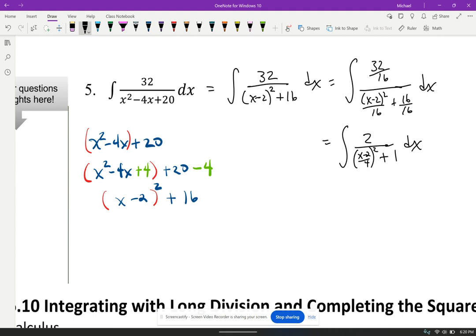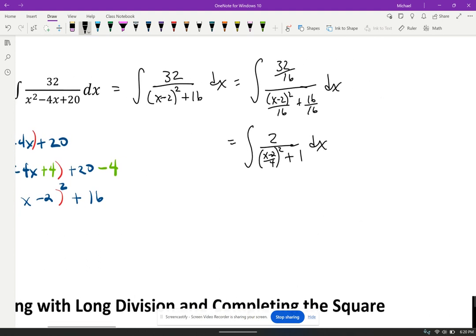But now, here's where we can take it to the next level. I'm going to pull this 2 to the front, and that's going to leave me with 1. And I'm going to use u substitution with the inside of the parentheses. That means du would have to be 1/4 dx. Do I have a 1/4 dx? I don't. So I'm going to multiply this by 1/4.